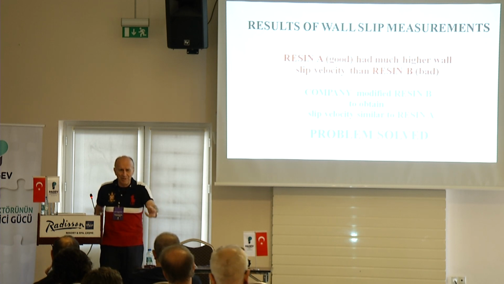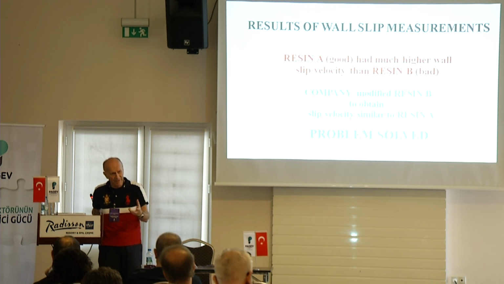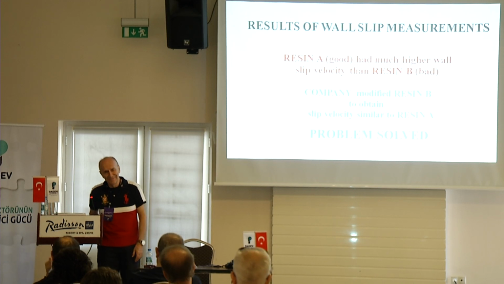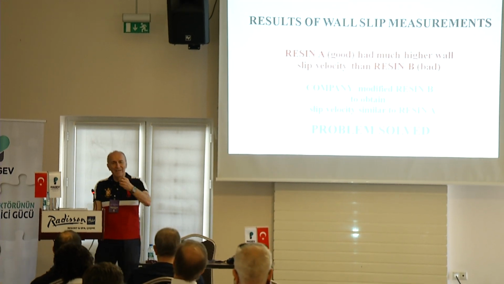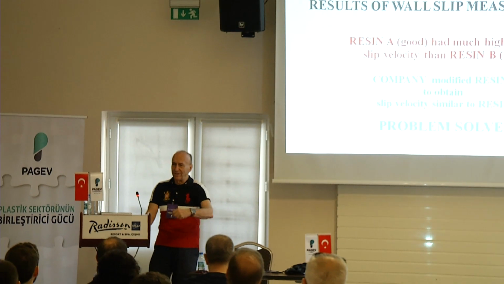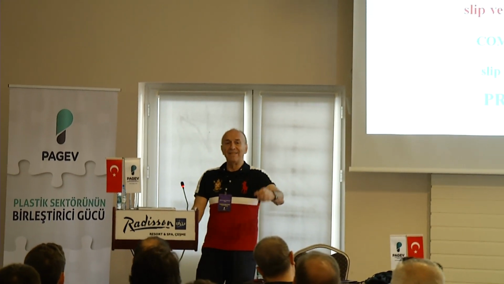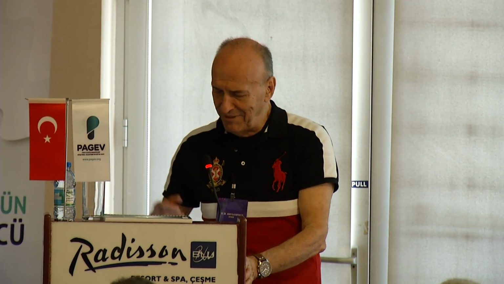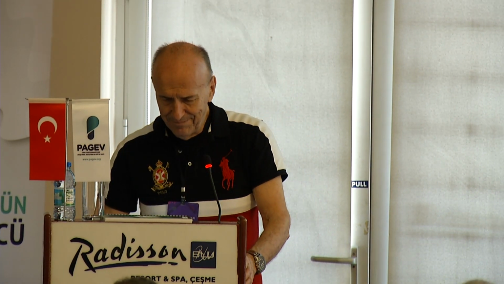It was HDPE, high density polyethylene, right? Problem was solved. So that's why we used rheology to identify the problem. My customer never told me what they were doing. They added slip agent, the problem went away. And I see it on data sheets. Okay.